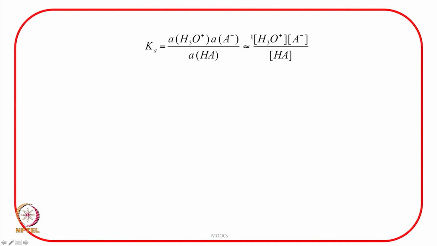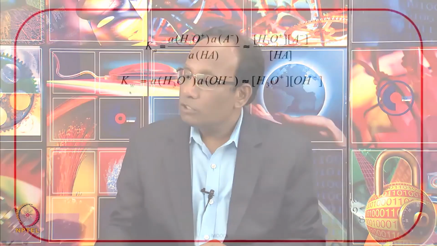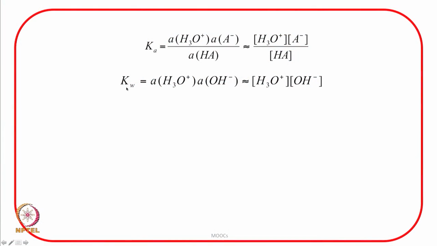And now, let me assume the activities to be close to concentrations, that is, I am assuming that the solution is very dilute. Then let me write another equation for the autoprotolysis constant of water, that is Kw, which is also activity of hydronium ion into activity of hydroxide ion. So, let me also assume that the activities can be replaced by the concentrations, assuming that there is lot of water.